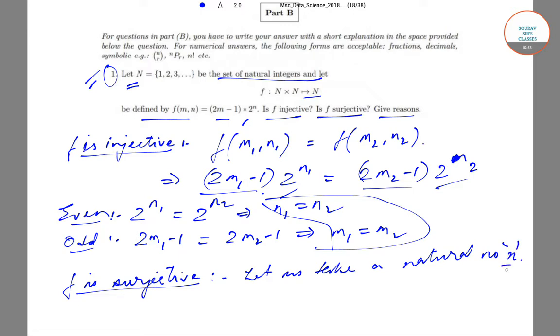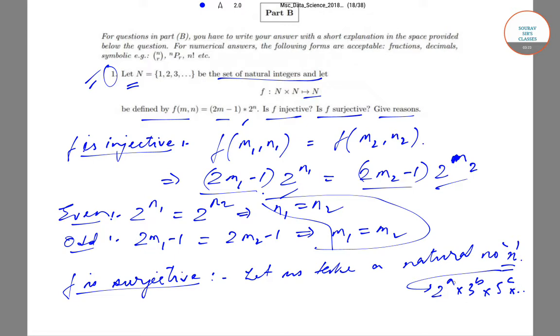Now this small n, if we do the prime factorization, then it will have some 2 to the power a into 3 to the power b into 5 to the power c and so on. Now this a can be equal to 0, or may not be, whatever. There may be a possibility that there are no 2's, or no multiples of 3 or 5, whatever.